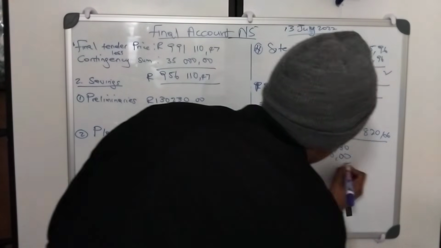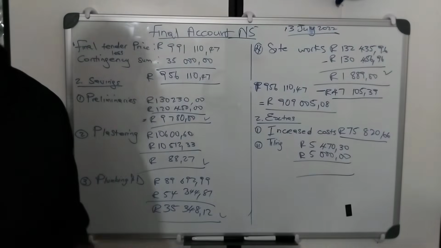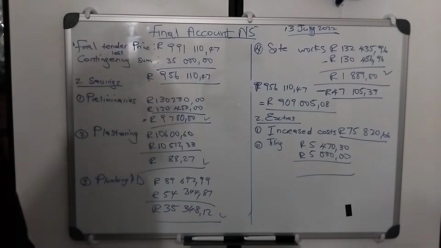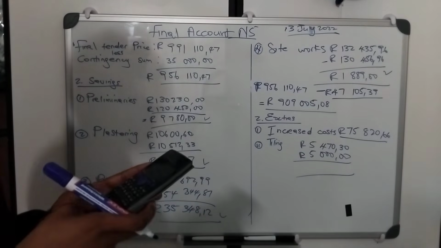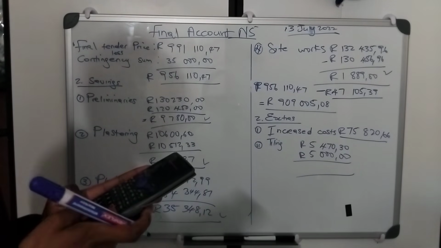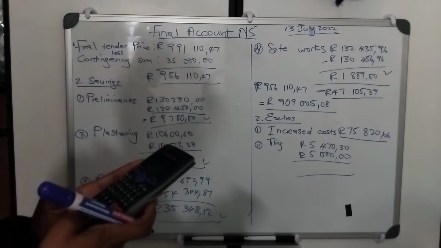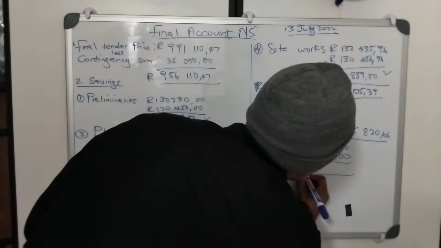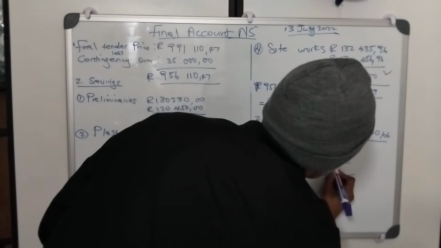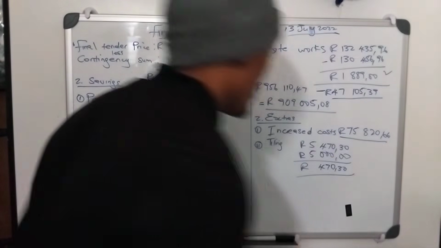Okay, so 5,470 minus 5,000 gives us 470.30 cents.